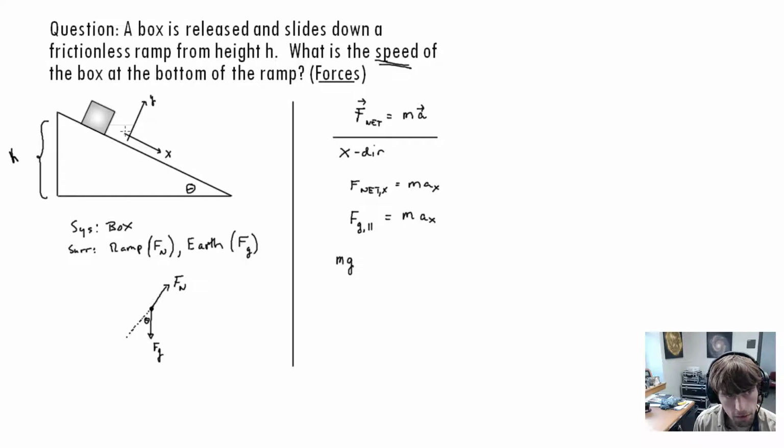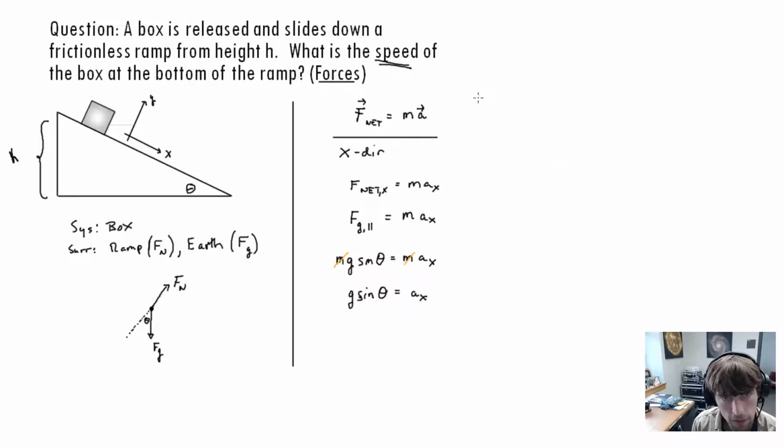We see that that component's in the positive x direction, so we're okay there. And we take the sine of the angle. mg sine of theta equals m a x. Oh, goody goody. The masses cancel. And so we have an acceleration down the ramp, which you already know, g sine of theta equals the acceleration down the ramp.